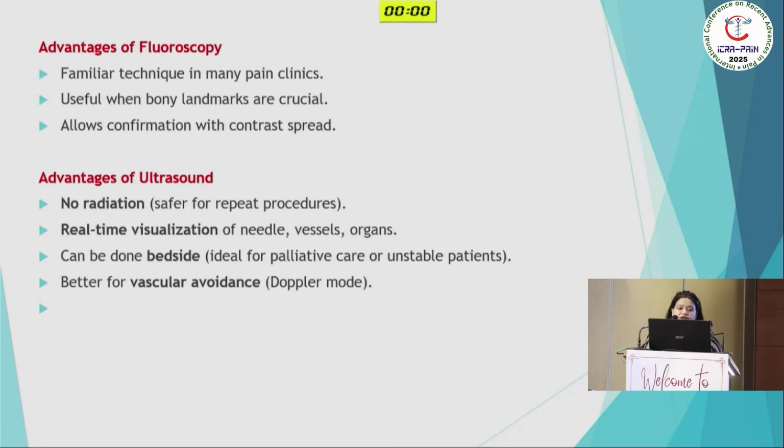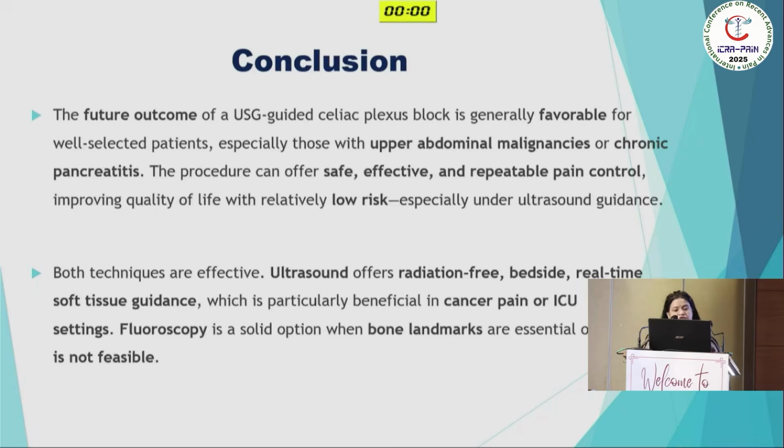The advantages of fluoroscopy and the advantages of ultrasound are as I have told. In the future, the outcome of ultrasound-guided celiac plexus block is generally favorable for well-selected patients, especially those with upper abdominal malignancies or chronic pancreatitis. The procedure can offer safe, effective, and repeatable pain control. Both techniques are effective.